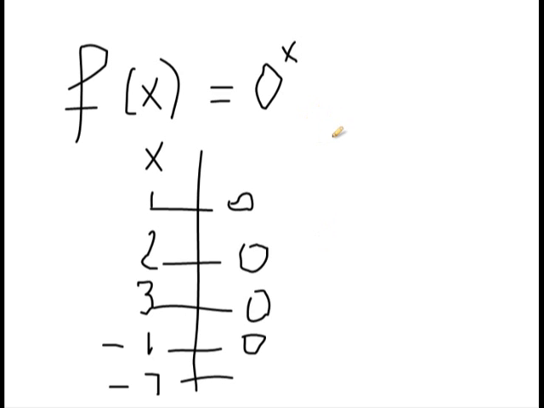That's why we say the base cannot be 0. In fact, if we try to plot this function, whatever value I took for x is going to be 0, so I'm going to have just this line. Finally, why the base cannot be 1. It's the same example.